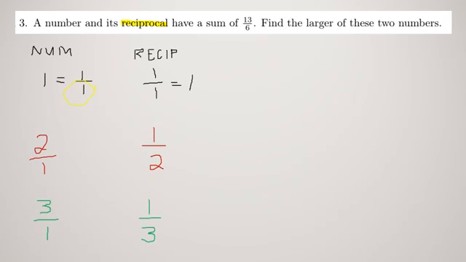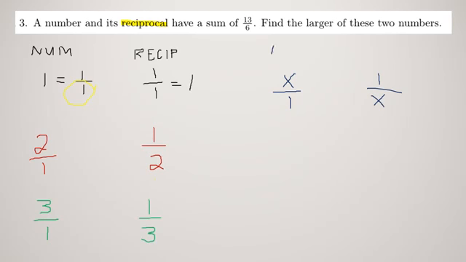Another. What if variable naman? What if it's x? Anong reciprocal ng x? Again, similarly sa ginawa natin, we can write x as x over 1. So, x over 1 is still equal to x. At ang reciprocal niya is 1 over x.